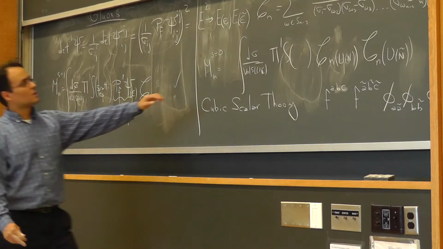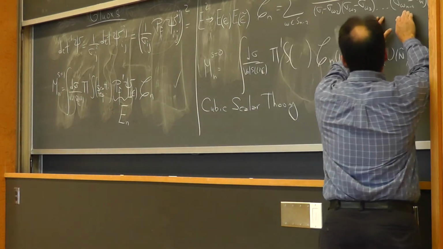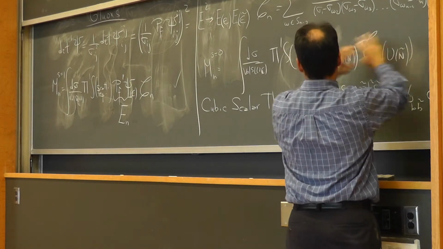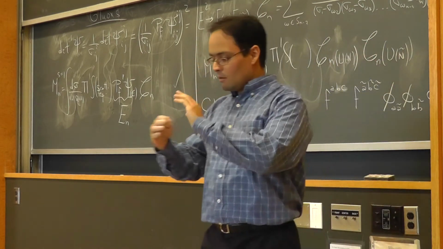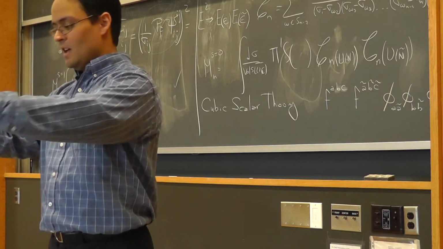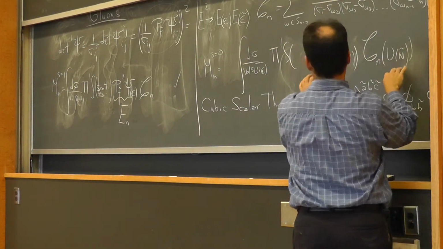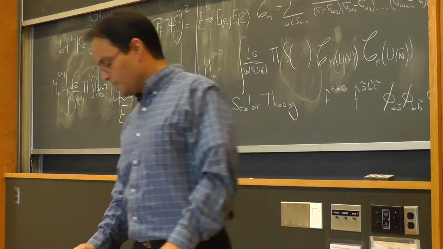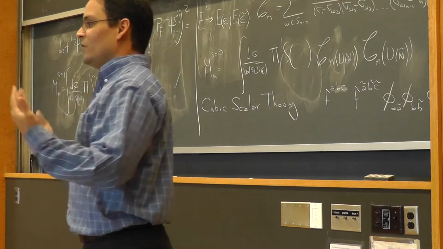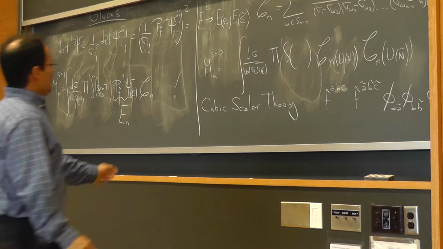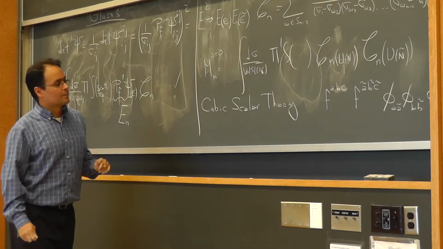There is something truly remarkable, and it's that these individual factors that you get by expanding these two sums completely, expanding them out and just picking a single factor that contains one of these and the other one next to it, have a very, very simple interpretation. They are given by the sum of certain tree graphs of a cubic scalar theory.